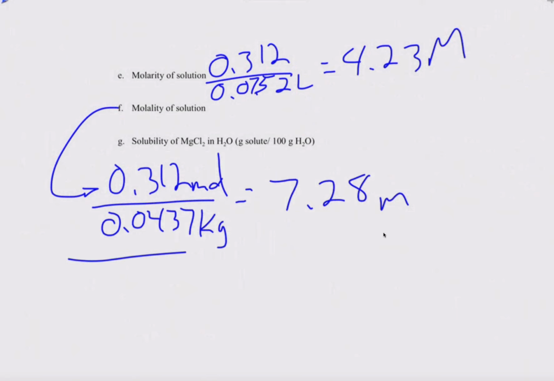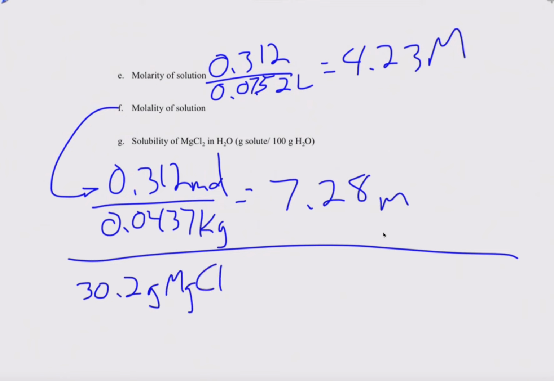And then the last question is, what is the solubility of magnesium chloride per 100 grams of H2O? This one we're going to do as a proportion according to our first couple of calculations. We said that there were 30.2 grams of magnesium chloride dissolved in 43.7 grams of H2O.